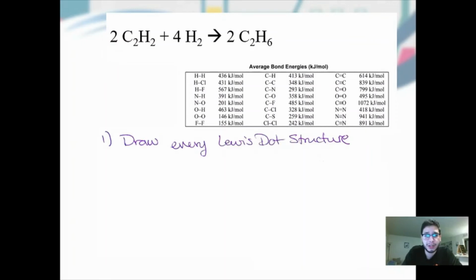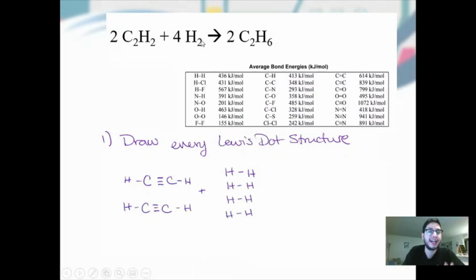I don't want you to worry about getting the Lewis dot structures wrong. But this is what the Lewis dot structure of C2H2 looks like. But I have 2 of these, so I'm going to draw 2 C2H2s. And I also have H2 in my reactants, but I have 4 of them. So I'm going to draw 4 H2s.